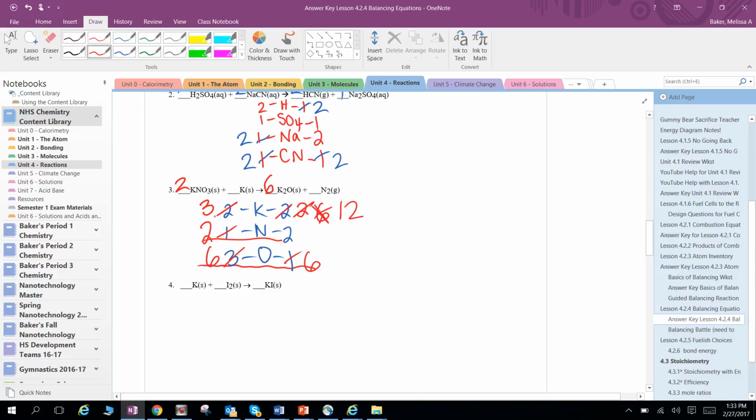So I've got 2 potassiums here, and I need 8 more. So if I change this to an 8, or I'm sorry, a 10, now I've got 12 potassiums on the left side and 12 on the right side. So sometimes with balancing reactions, you really need to play around with it.